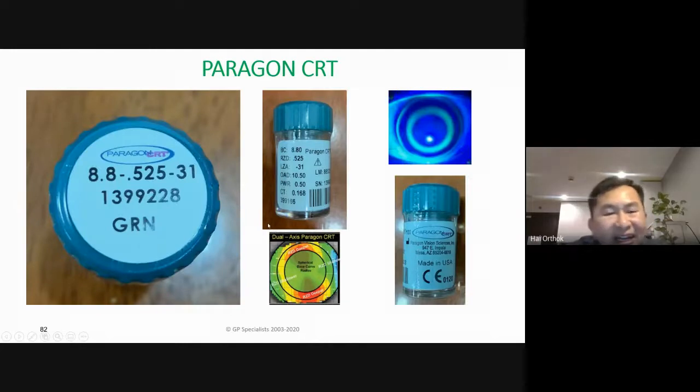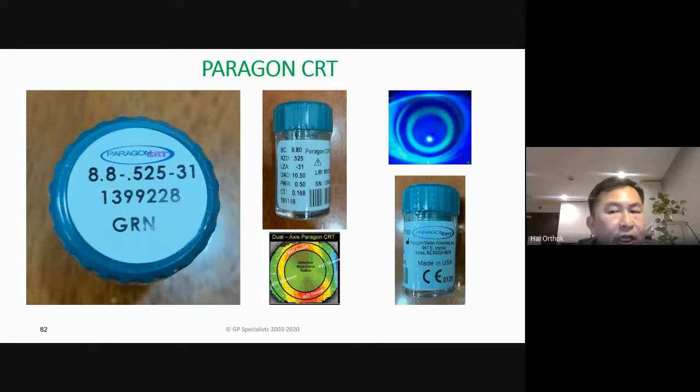Very much like the IC lens, but the Paragon CRT lens uses the first number as the base curve, and every 0.1 millimeter is considered equivalent to a half diopter increase. And the returning zone depth, which we call the reverse zone on IC, is used for troubleshooting the Paragon CRT. Every increase of 25 micrometer is steepening the lens by half a diopter.